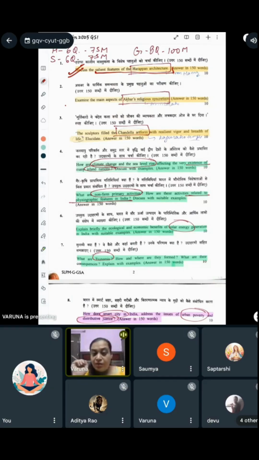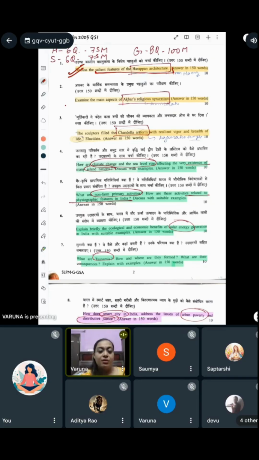Okay, even in the first question, Harappan architecture, why has the Harappan civilization related question been asked again this year? Because it has been around 100 years since the finding of the first site of Harappan civilization. And that is why this topic became a hotshot topic for UPSC, and it asked this particular question.